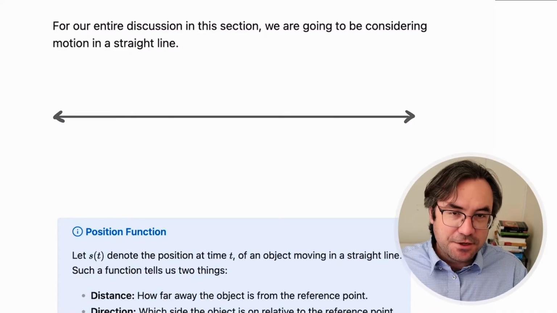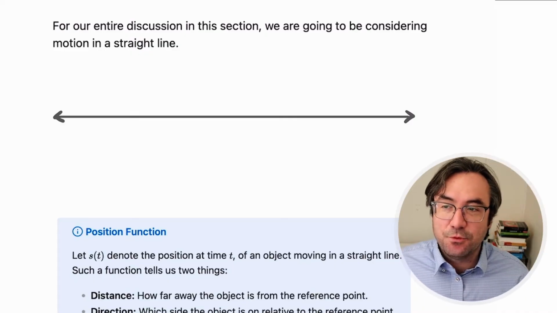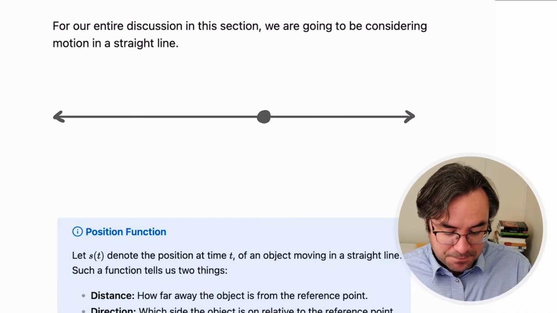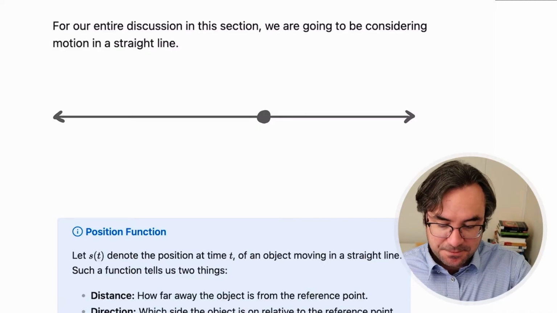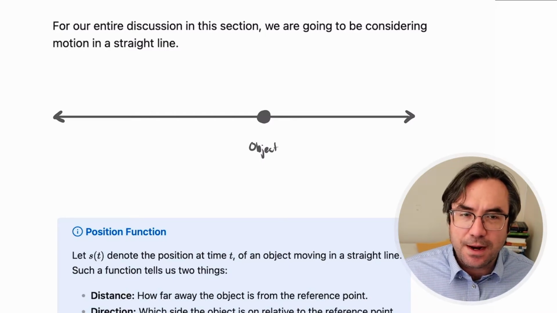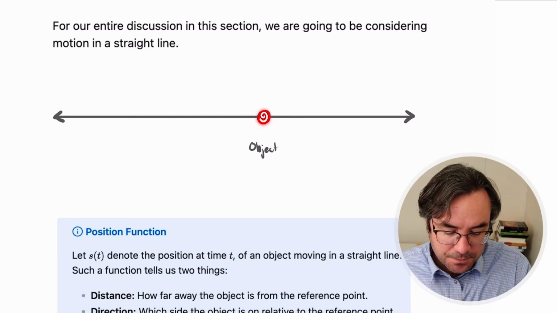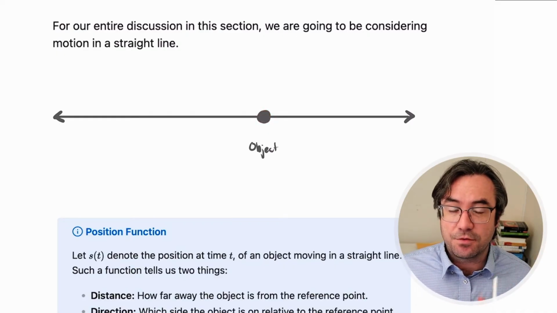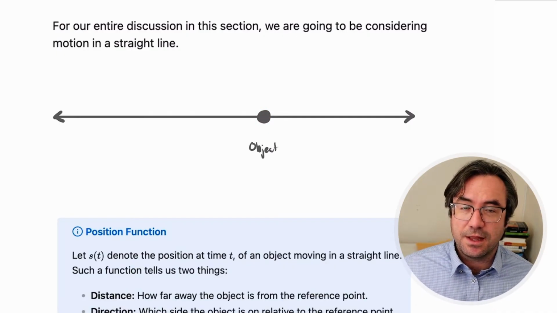So here's our line that our object's going to be moving on. So let's put our object somewhere. So there it is. There's our object. And you can imagine, maybe it's like a particle that's moving around. Or like a spring. You can imagine a spring bouncing back and forth in a vertical or horizontal line.